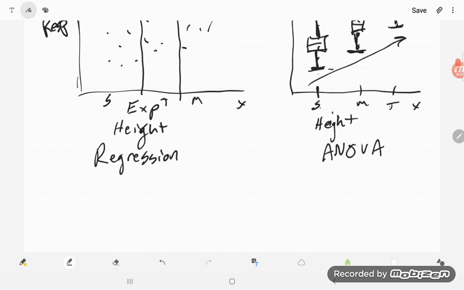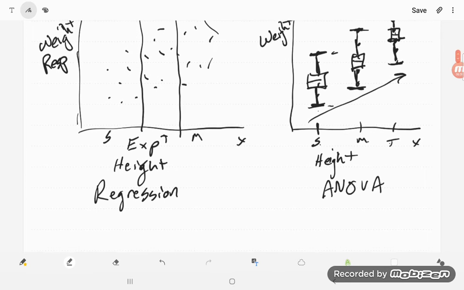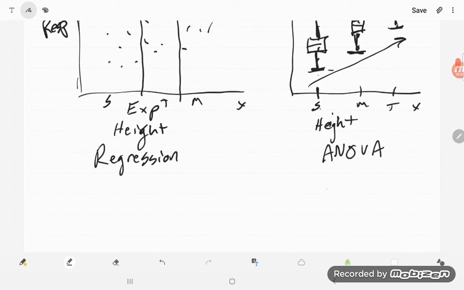But in the end, even if there's not that particular trend, I could have gone up at first and then down, and the ANOVA doesn't care. It just wants to know if these things are different.